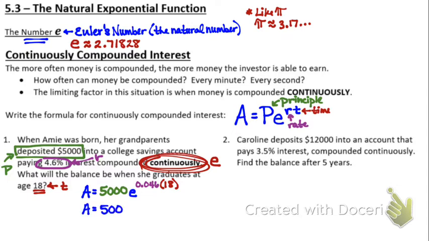That would be 5,000 times e to the power of 0.828. And when I put that into my calculator, 5,000 times e to the power of 0.828, I get $11,443.68. I want you guys to go ahead and pause the video and try the second one on your own.